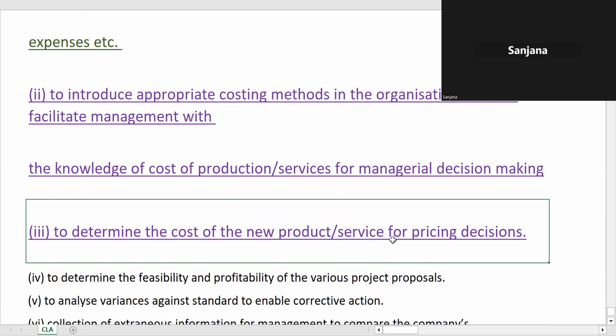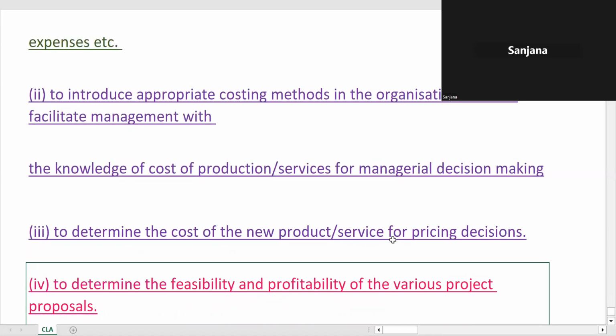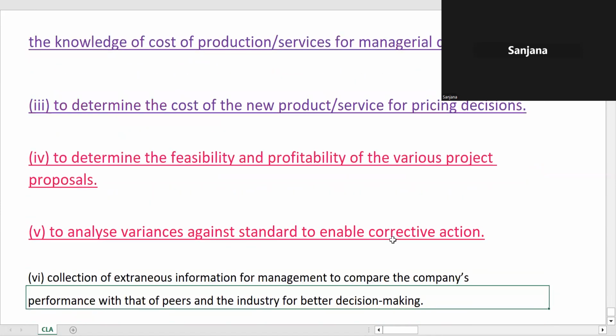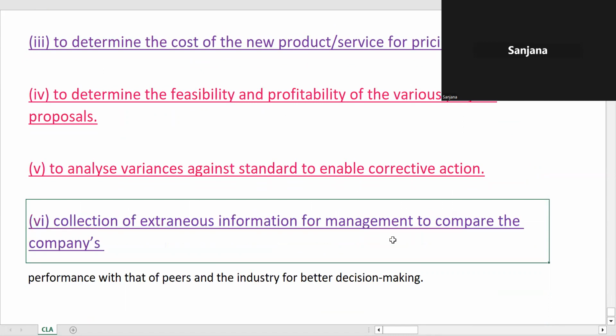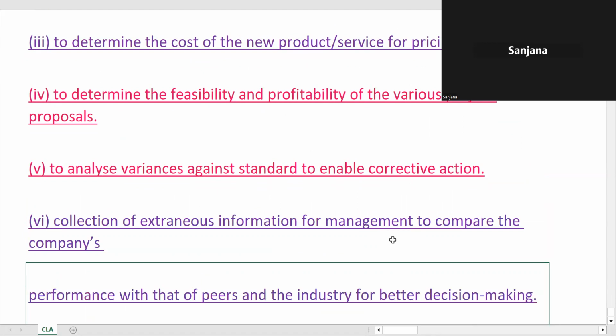To take pricing decisions, find out the cost of the product. Determine the feasibility and profitability of various project proposals. Variance analysis. And last, collection of extraneous information, meaning outside information, for management to compare the company's information with that of other companies.